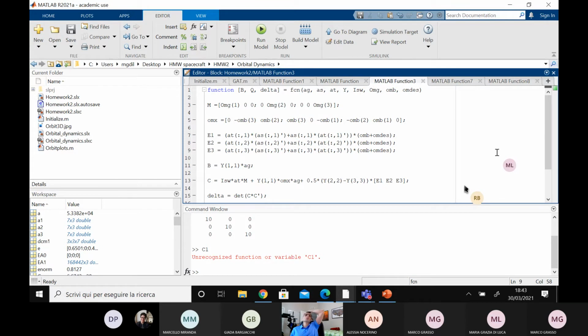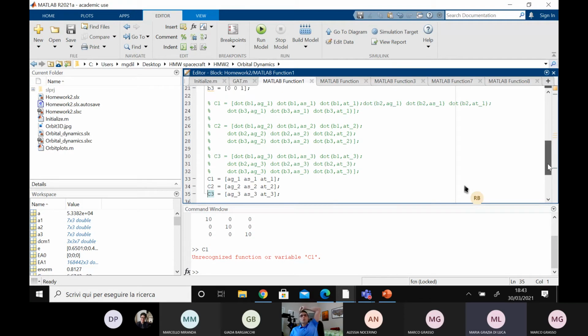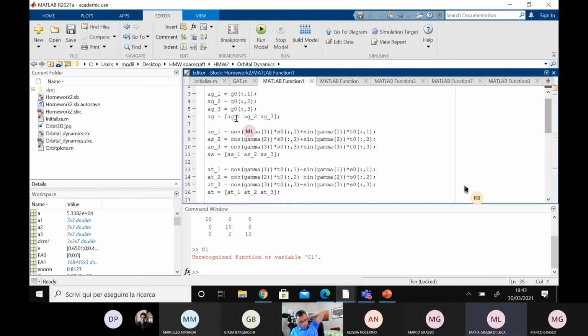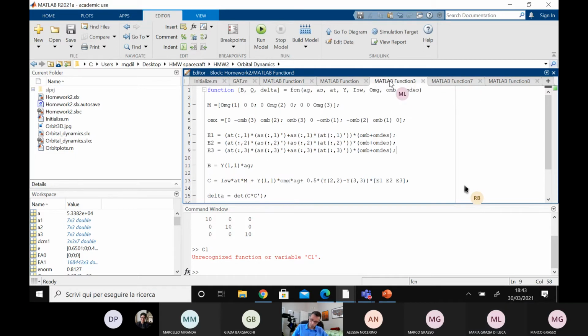So AG is the one with the G's as columns. So it's exactly the one we need in B. I think that the error must be in one of these expressions, right?